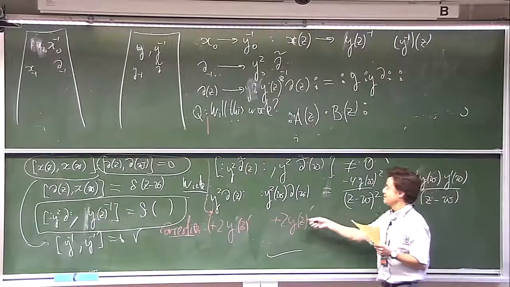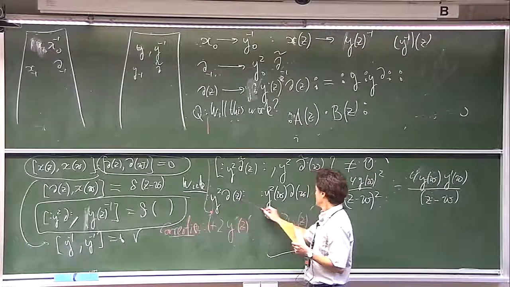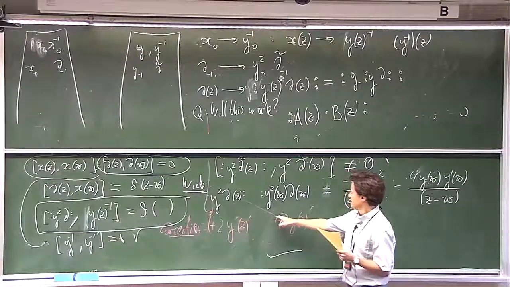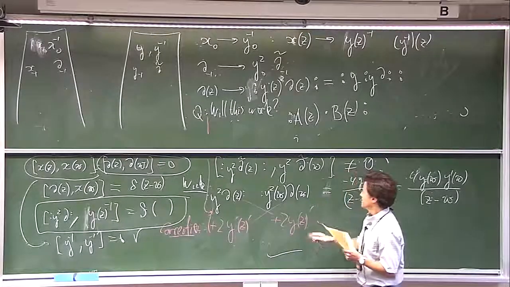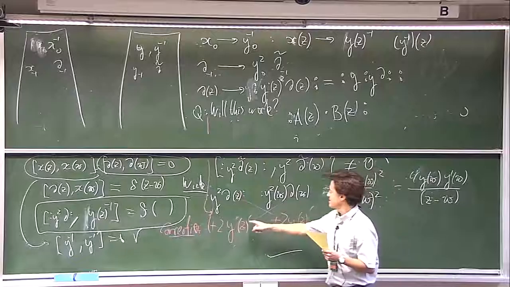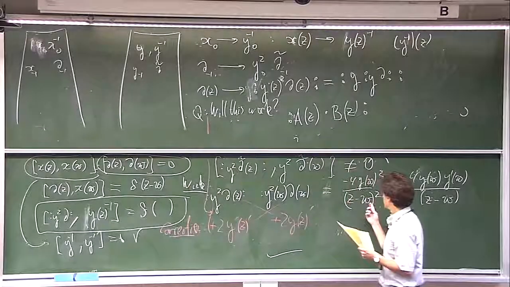Then, that's a very simple computation. You will have to see how this interacts with this one and this term with this one. You know, D hits Y and creates a thing like that.